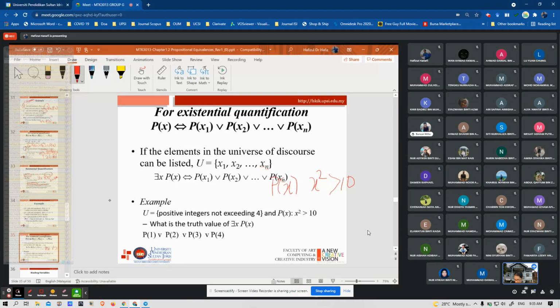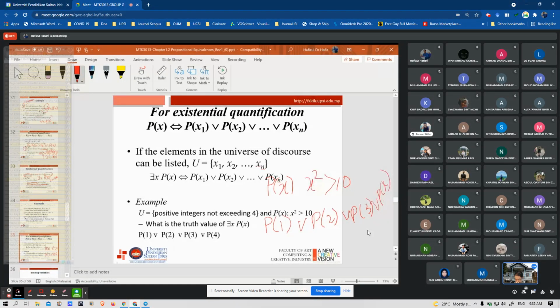We have P(1) or P(2) or P(3) or P(4). This is equivalent to for some. Not every one of these has a truth value. For some means that there is some value in the variables 1, 2, 3, 4, and here it is false.